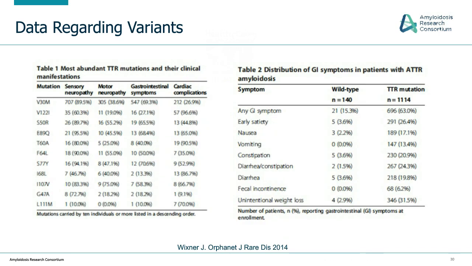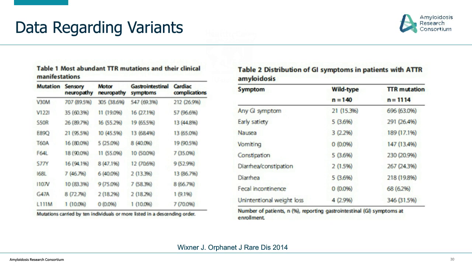If you looked at the subtypes specifically, the bottom line was that variants that were felt to be more linked with a neuropathic site, so more nerve involvement, tended to have increased GI symptoms.